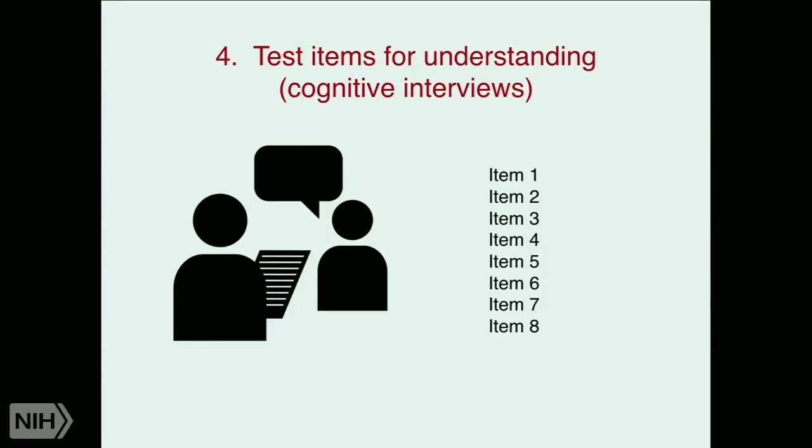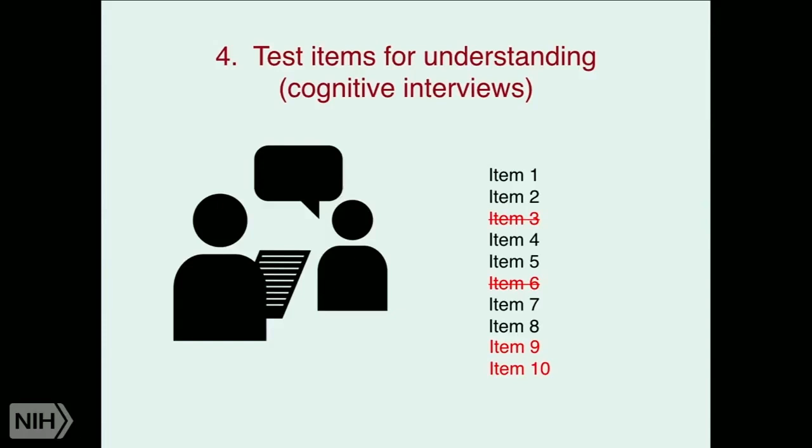Right? We want to make sure that people are thinking about these items the same way we're thinking about them. And we will definitely, as a result of that, if we do it well, find out that some of our items are really crummy and that we might have missed some aspects of this thing we're trying to measure.